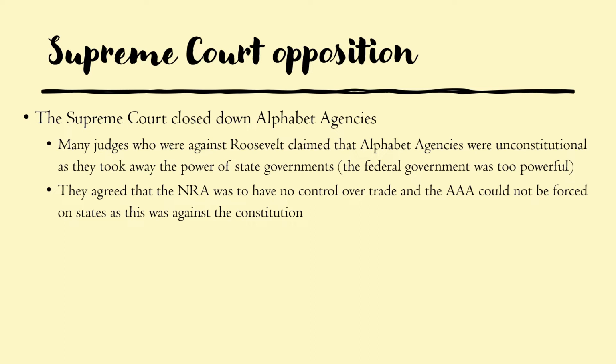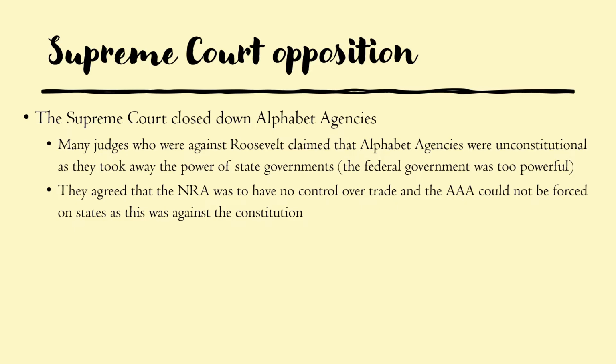So the Supreme Court was trying to say that Roosevelt and the federal government, the government that ruled over all the states in America, was growing too powerful and was limiting the power of each individual state.